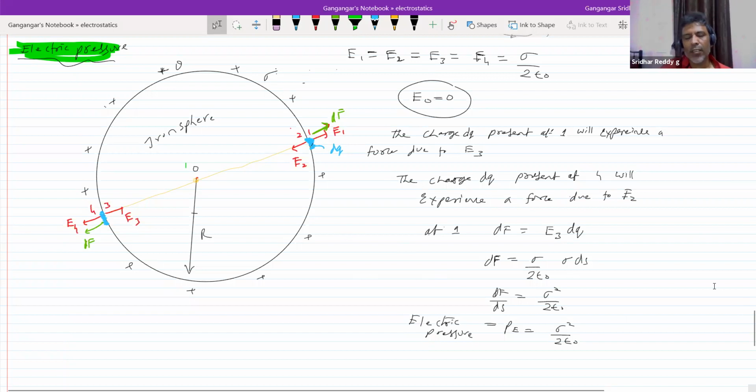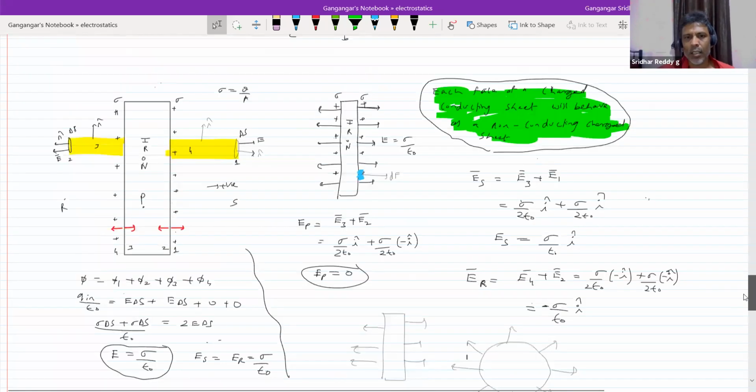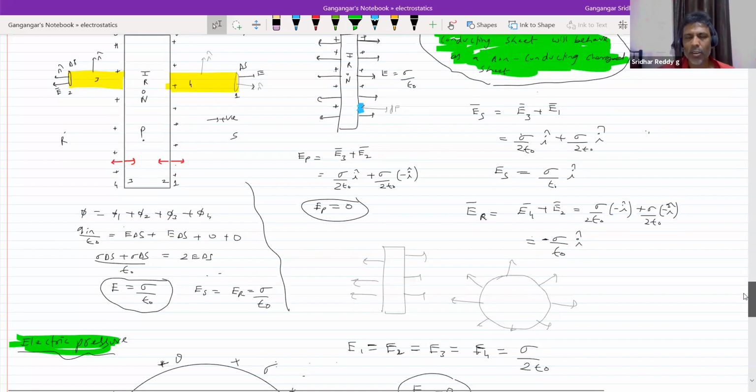Okay, fine. Whenever you get a charged conducting sheet, you must be aware of this idea of electrostatic pressure. The concept of this is very important. Each face of a charged conducting sheet should be treated like a non-conducting charged sheet. The statement which I was saying, charge will reside only on the outer surface, not on the inner surface.